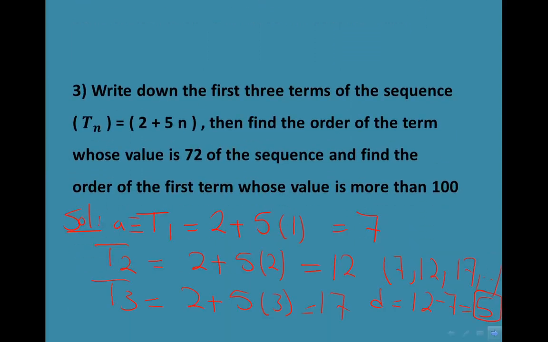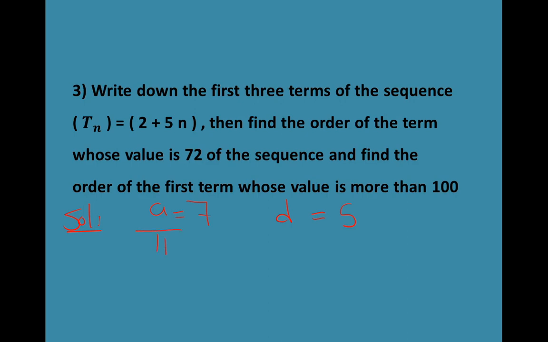I'm sorry, I'll erase this part to write the solution of the second part. It was clear that A equals 7, also the difference equals 5. Then find the order of the term whose value is 72.